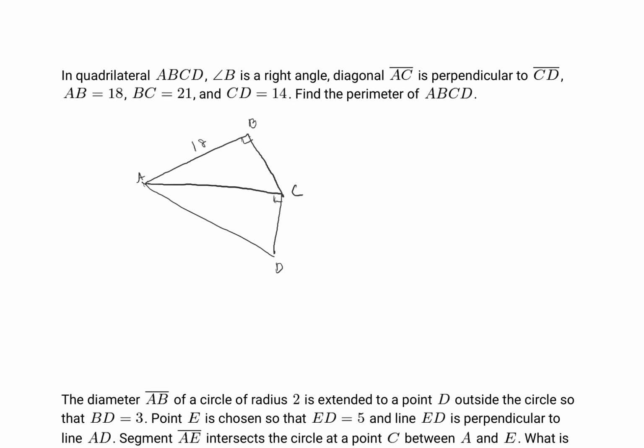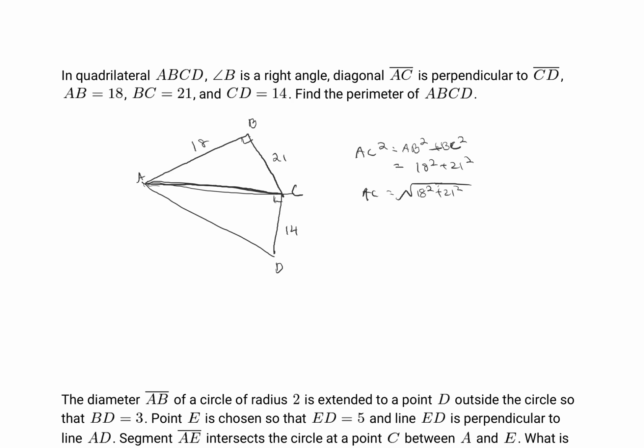So we know that AB is 18, and BC is 21, and CD is 14. Well, AC squared equals AB squared plus BC squared, which is equal to 18 squared plus 21 squared. So AC equals the square root of 18 squared plus 21 squared.